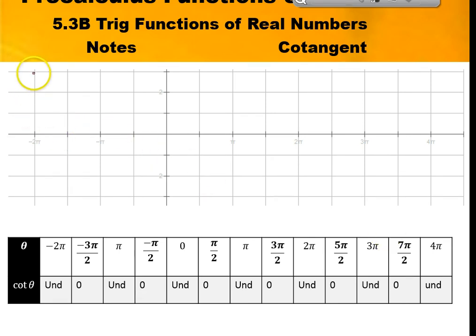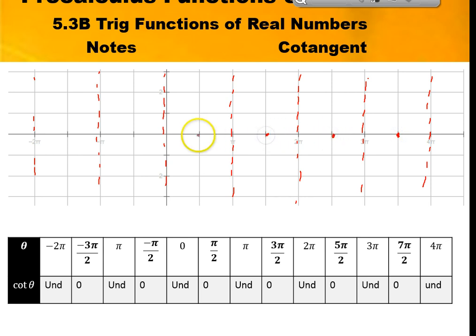So the asymptotes are at the wholes. And then at the half pi's is where it's 0.